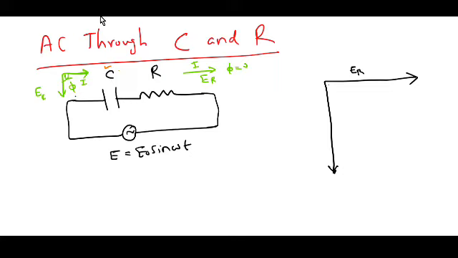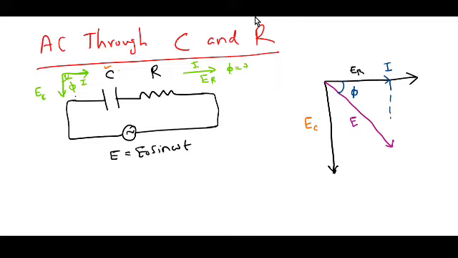Therefore, we have plotted it in the negative y direction, that is, this is the capacitive voltage, the voltage across the capacitance, and the net voltage in the circuit is denoted by E. The current is always along this x-axis, and the angle between this current and the net voltage is phi.